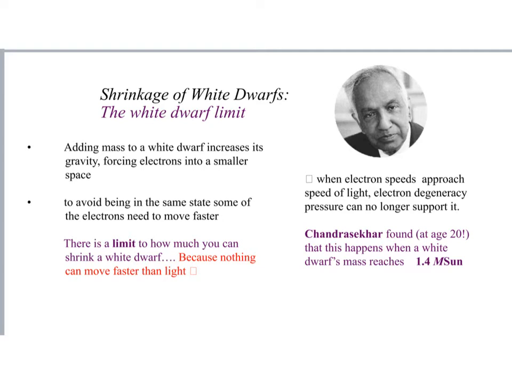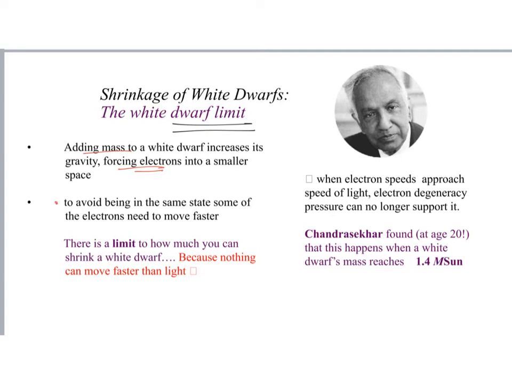So, a few words about the shrinkage of these white dwarfs. As it turns out, there is a limit as to how much matter you can dump onto the surface of a white dwarf. You add mass to a white dwarf, and that is going to increase its gravity. That means we're forcing the electrons into smaller and smaller spaces.